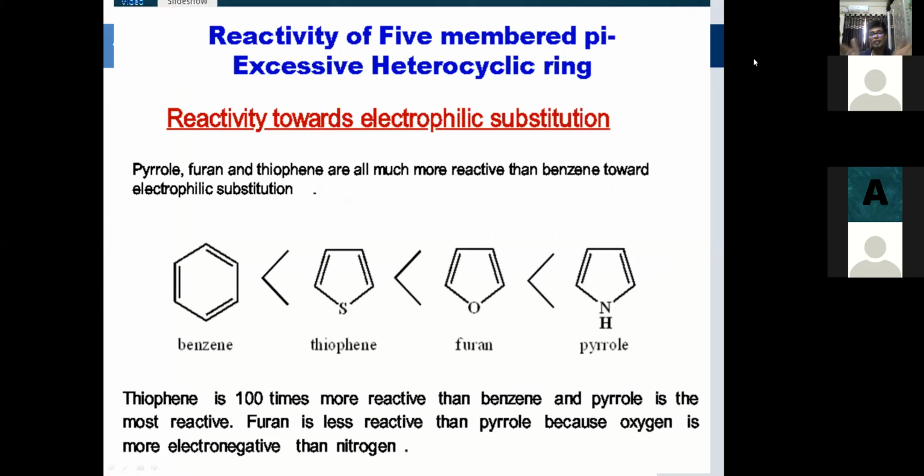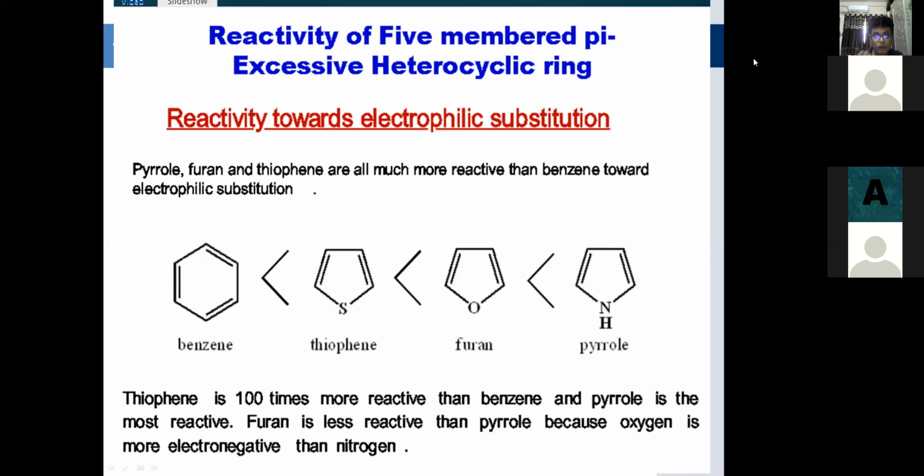But among these three, which one is more reactive? That is very important. Thiophene is 100 times more reactive than benzene, and pyrrole is the most reactive. Pyrrole is more reactive than furan, and furan is less reactive than pyrrole because oxygen is more electronegative than nitrogen. So electronegativity plays an important role in the reactivity also.